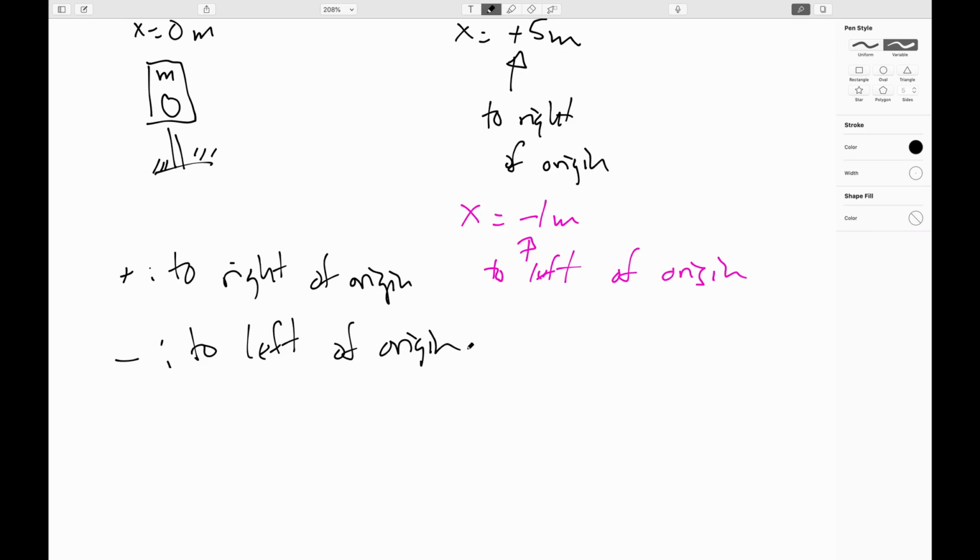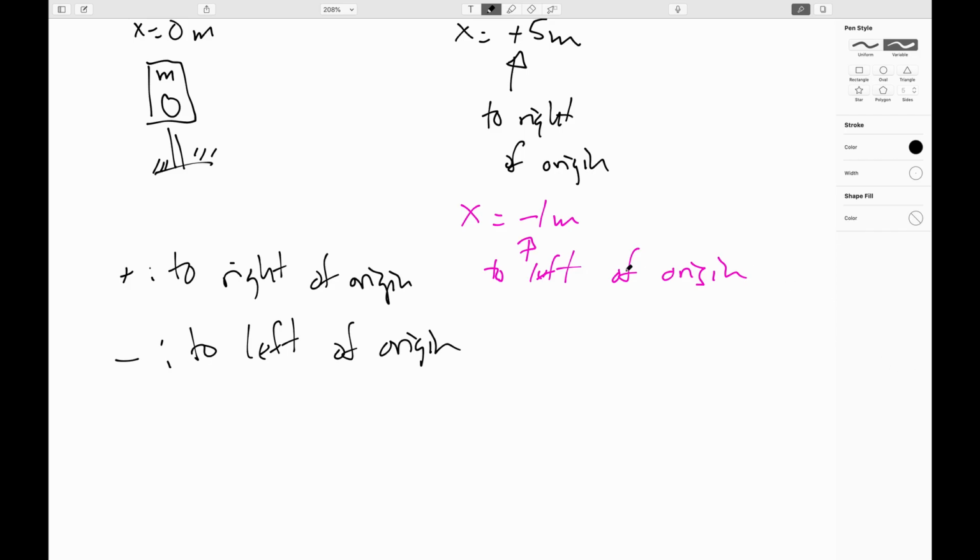It's just that you have to say that out loud and make that clear so that someone else looking at what you're doing would understand that's the choice you're making. But if you don't say the choice out loud, the default assumption is positive means positions to the right of the origin, negative means positions to the left of the origin.